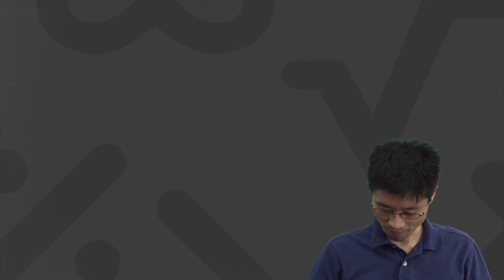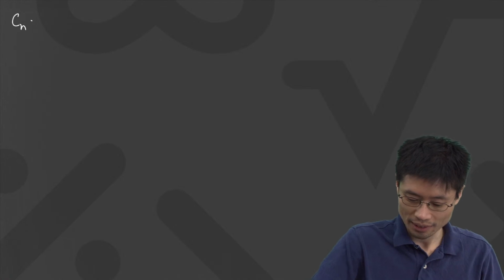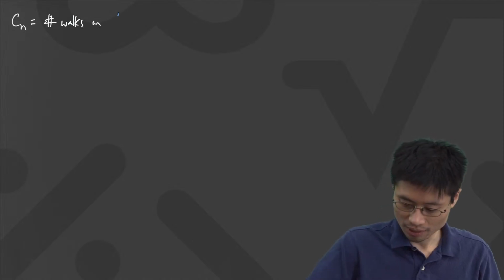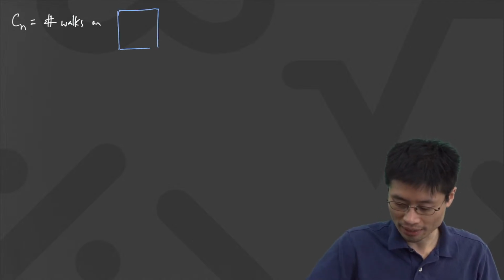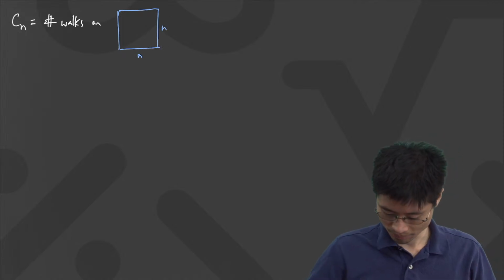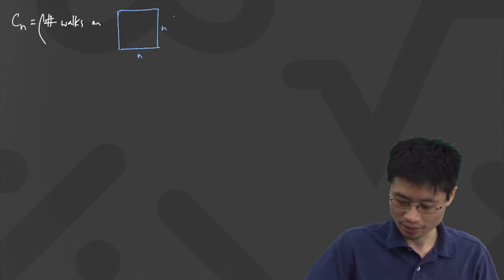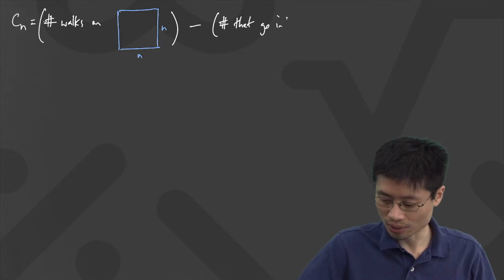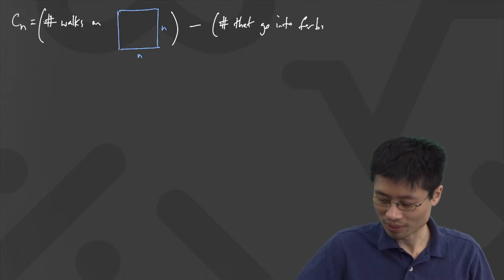So Cn is equal to the number of walks on this n by n grid, minus the number that go into the forbidden zone.